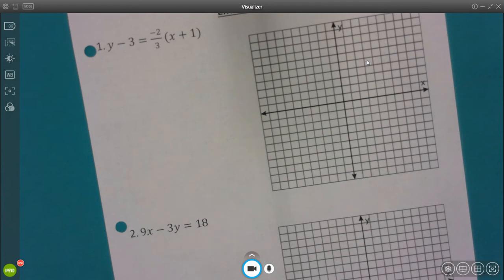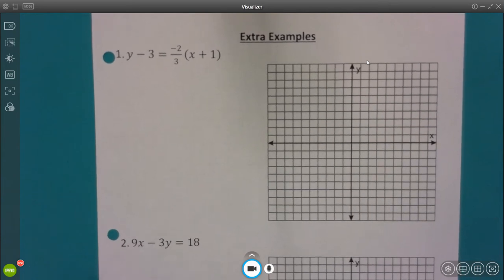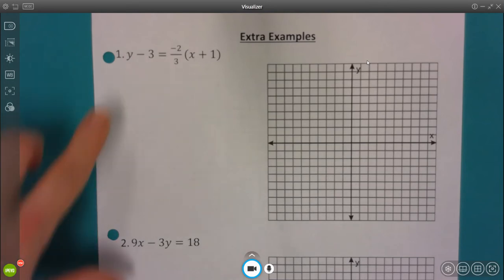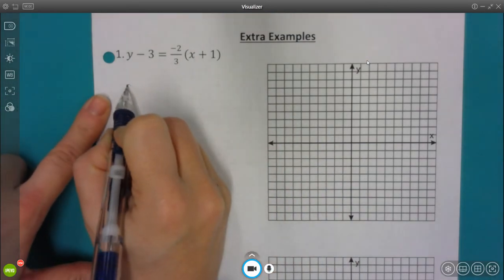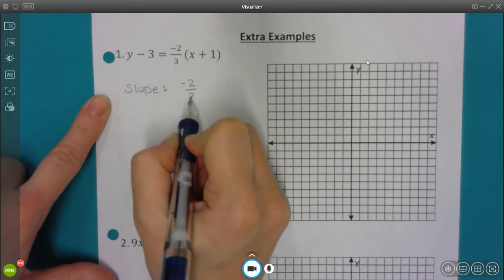All right, so let's take that one away and go to our extra examples that I printed out for you. So this first one we've been given is in point slope form. So I'm going to use my slope of negative 2/3.